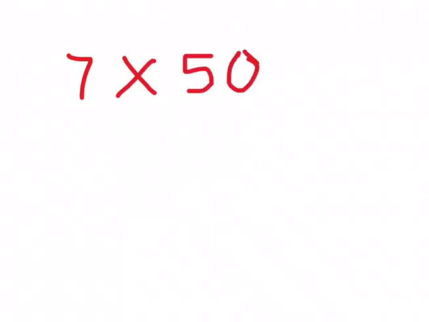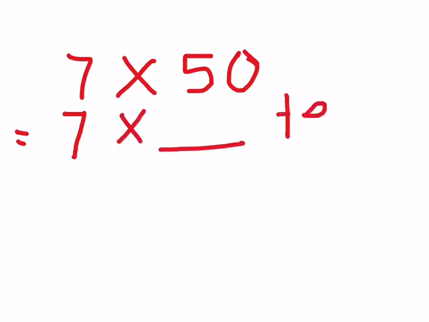Now, sometimes, let's do it again, 50. Sometimes, there will be questions that maybe the workbook would like to ask you, like this. 7 times what tens? Now, your job is to find out the missing number, right? 7 times what tens? So basically what that means is, it's basically just 5 tens.